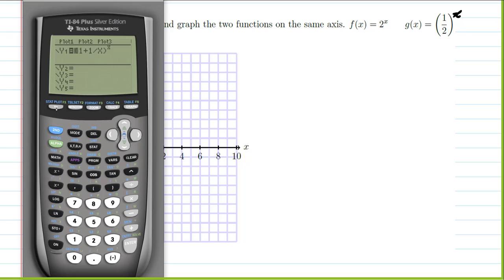We go to our y equals, and we put in 2 to the x, and then here we're going to do 1/2 to the x.